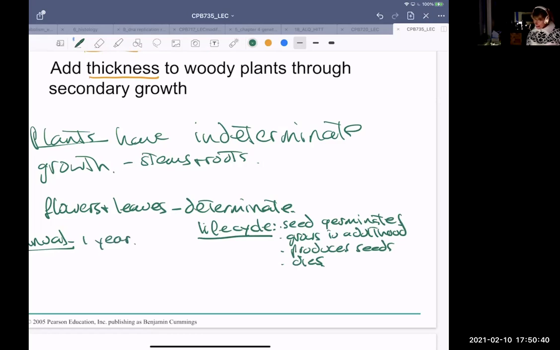Biennial plants span 2 years. They have a 2-year cycle.